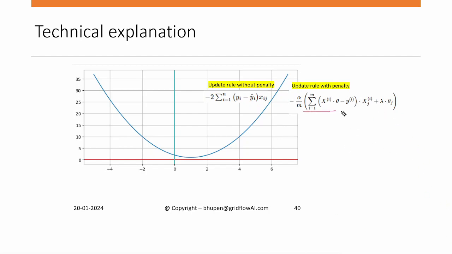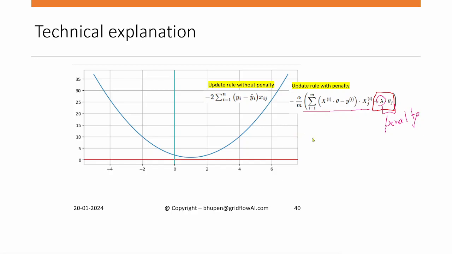So this is your mean squared error, and this side is your penalty term. And this penalty term becomes larger or smaller based on this lambda. Now this does the trick. And how? Let's see here.